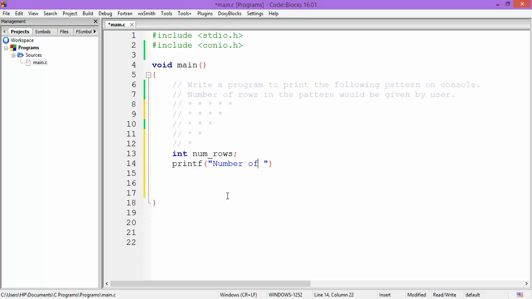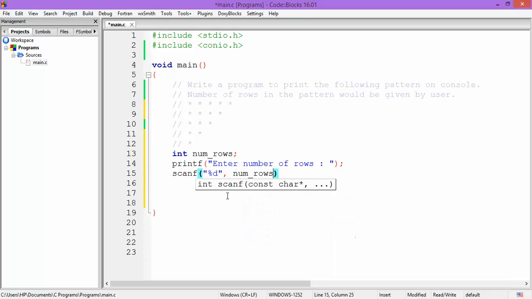Use the scanf function to get the number of rows from the user and store it in the num_rows variable. Don't forget the ampersand address-of operator.